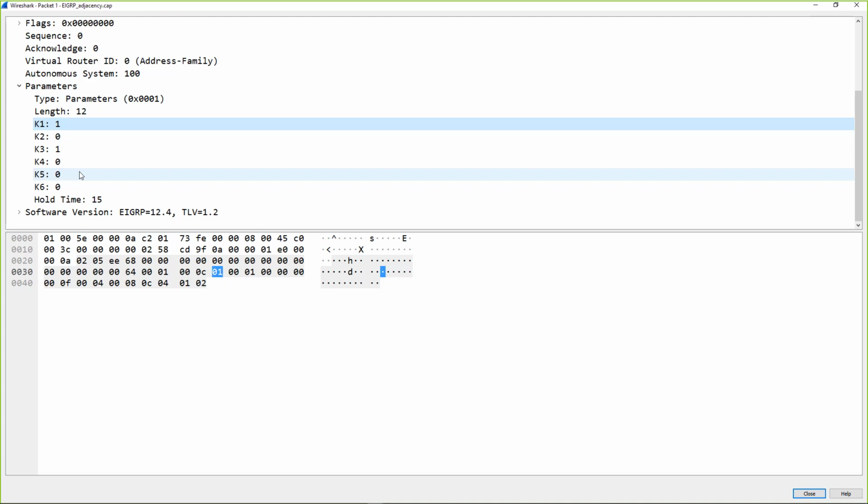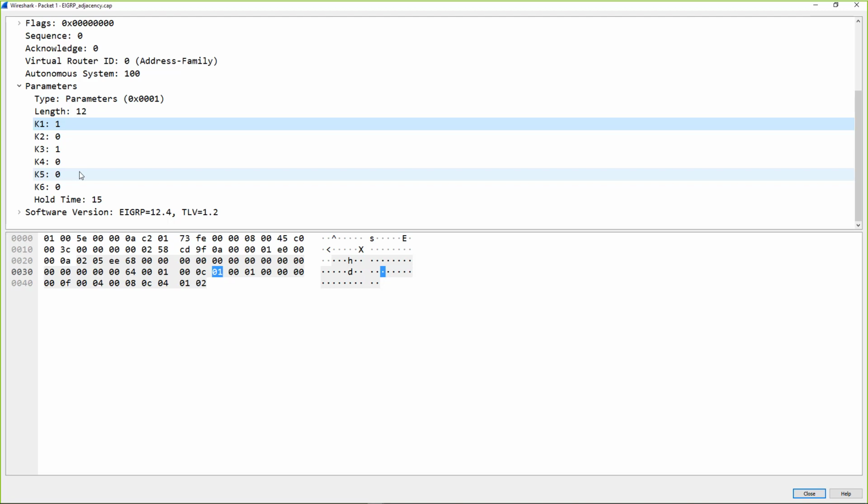They're very important, even though Cisco says don't ever change the K values. Each of these K values corresponds to a component of the metric. So K1 is bandwidth and K3 is delay. And then K2, K4, and K5 have to do with reliability and load. But the critical thing about the K values is that they have to match in order for EIGRP routers to be able to form an adjacency.